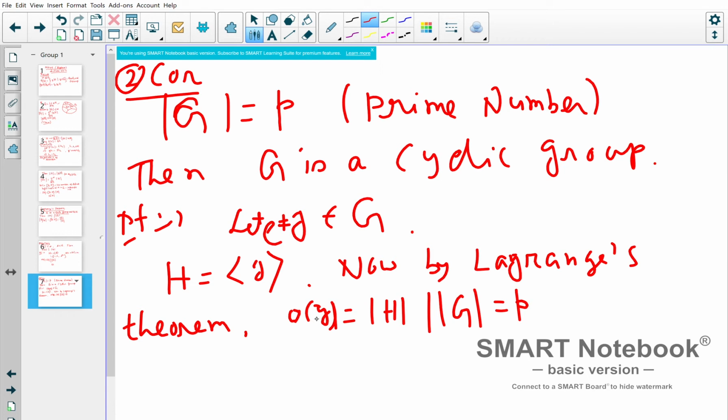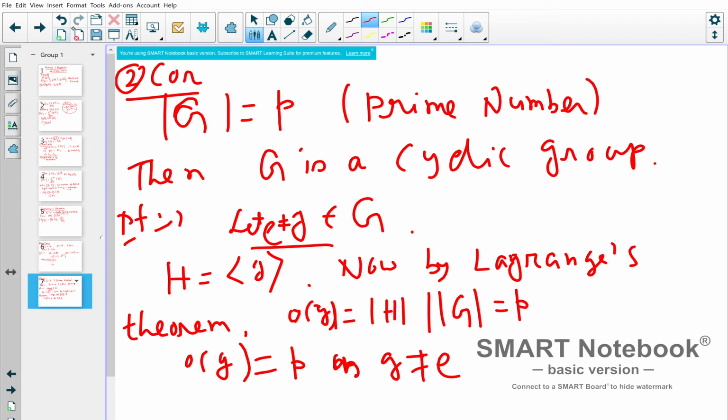So either the order of g is 1, or the order of g is p, but it cannot be 1 because it's not the identity element. So the order of small g equals p, as g is not equal to identity. Clear? So what does that mean?